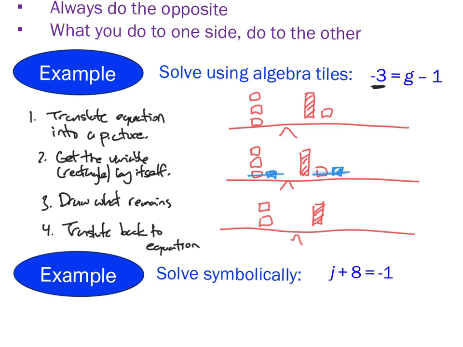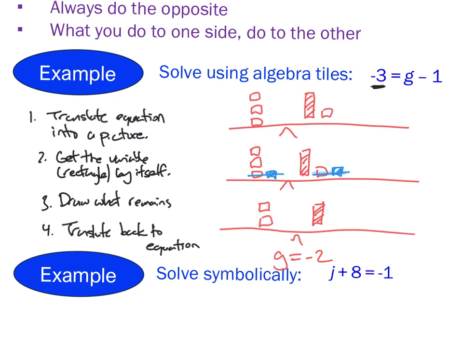So what does this say to you? G equals -2. That's correct. And there we go. So that's how we solve an equation using algebra tiles.